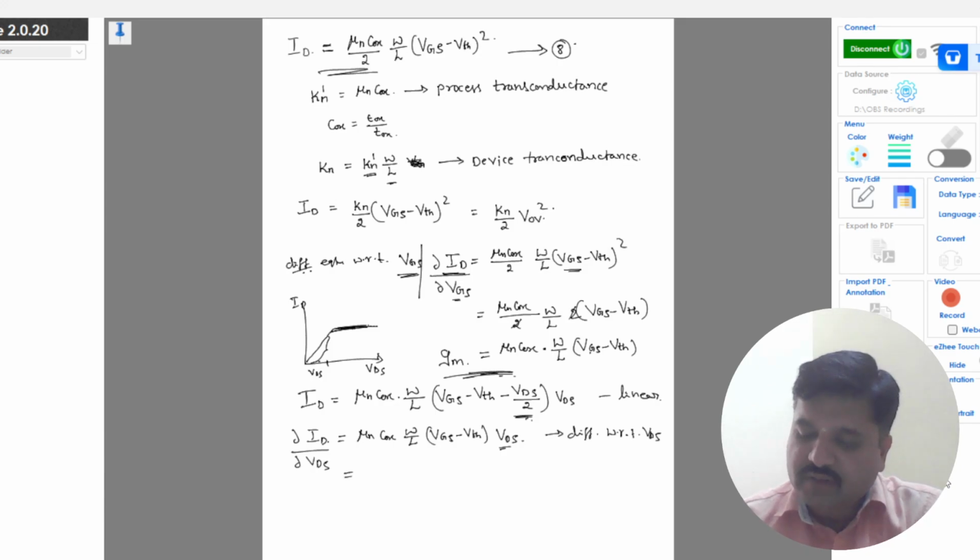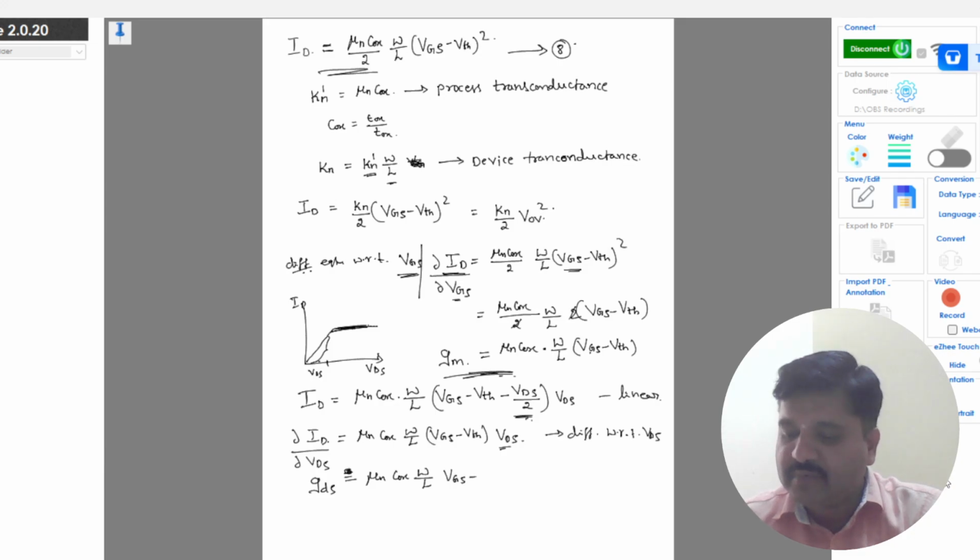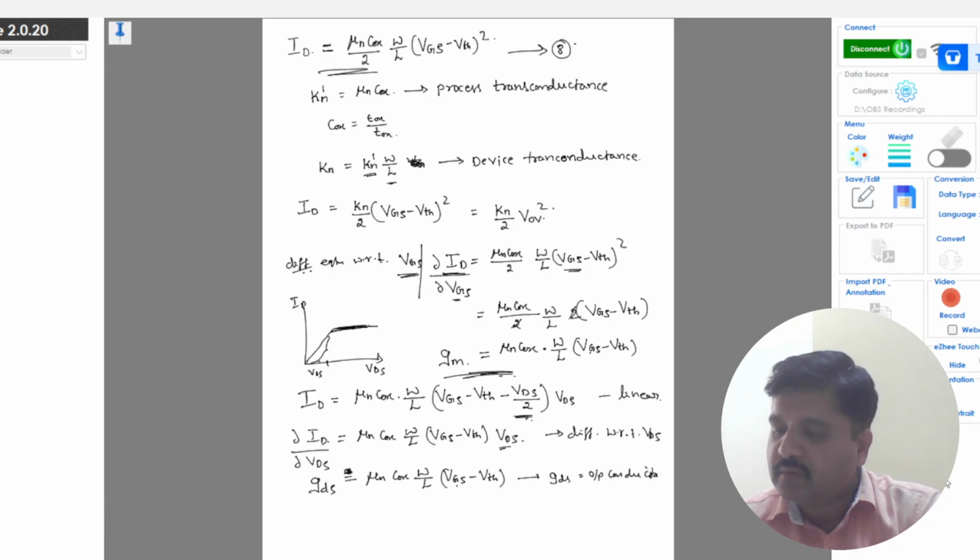Hence we get dID by dVDS, which is nothing but GDS, equal to μn COX W by L into (VGS minus VTH). This is GDS, the output conductance, so 1 upon GDS will give you RDS, the output resistance.